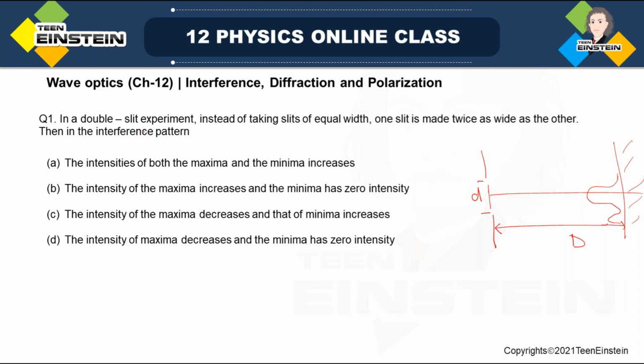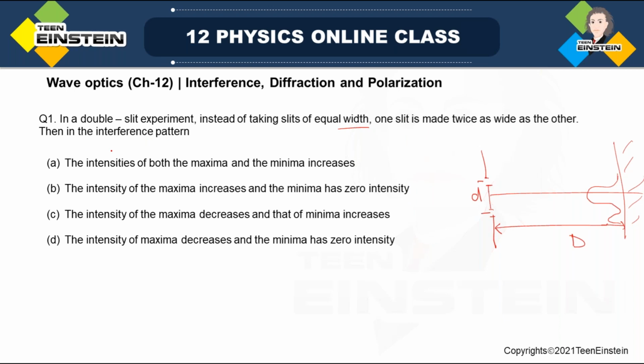Now in this question it is said that in a double slit experiment, instead of taking slits of equal width, generally the widths are taken as the same, one slit is made twice as wide as the other slit.